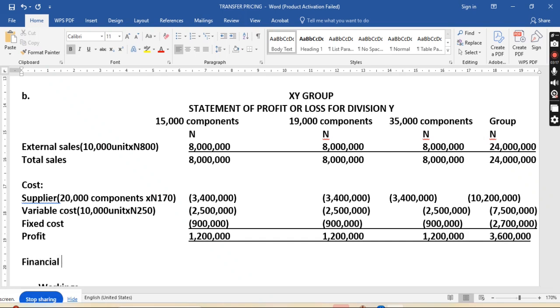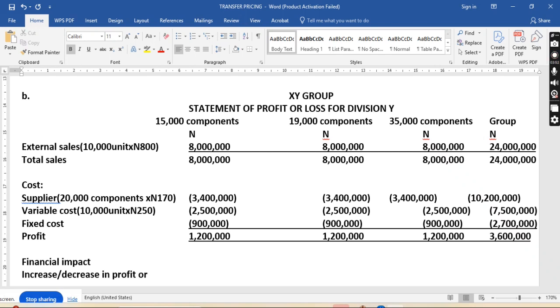The financial impact: increase or decrease in profits or loss.